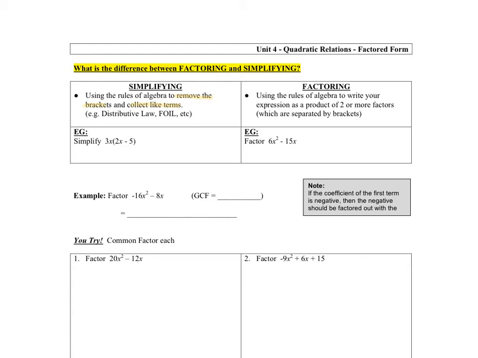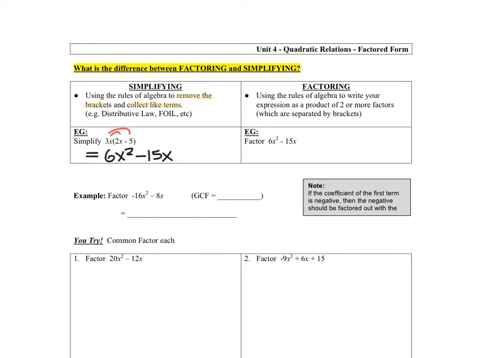So if they told me simplify 3x times 2x minus 5, I want to get rid of those brackets. So I'm going to distribute that 3x in. That's going to look like 3x times 2x is 6x squared. 3x times negative 5 is negative 15x. And now that's simplified. There are no like terms to collect.